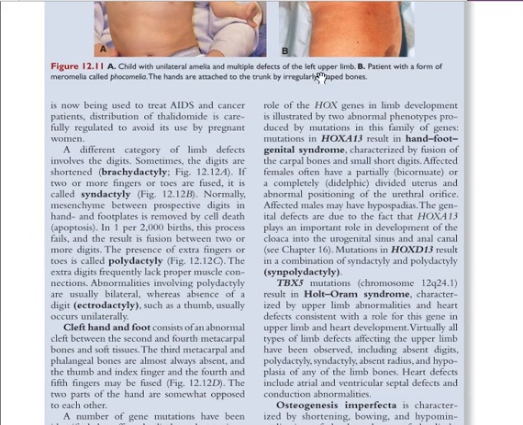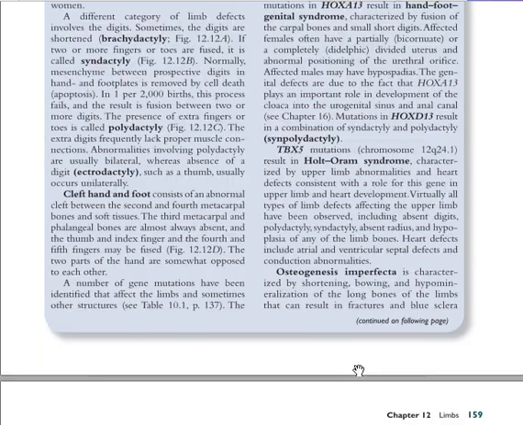For example, with the Hox gene mutation, you can have hand-foot-genital syndrome, which has different characteristics with the cleft hand and foot. You can have the TBX5 mutation, which produces Holt-Oram syndrome, and Holt-Oram syndrome also produces cleft hand and cleft foot with other different signs and symptoms.